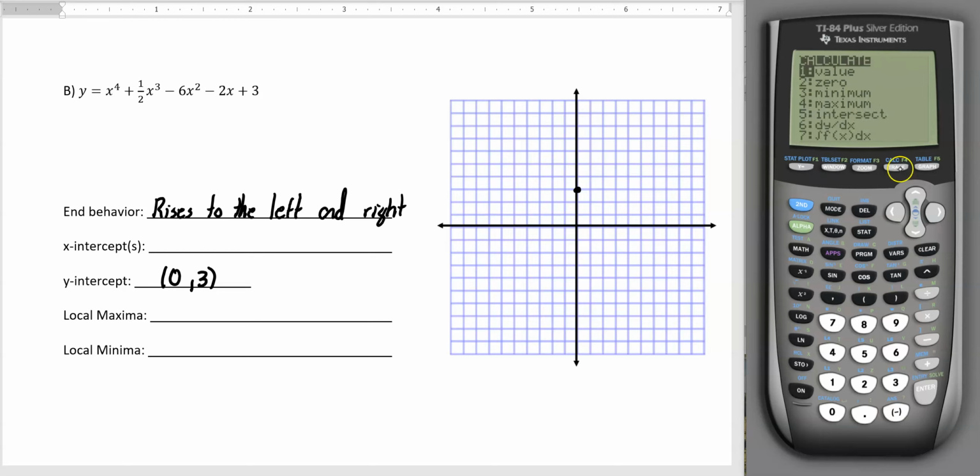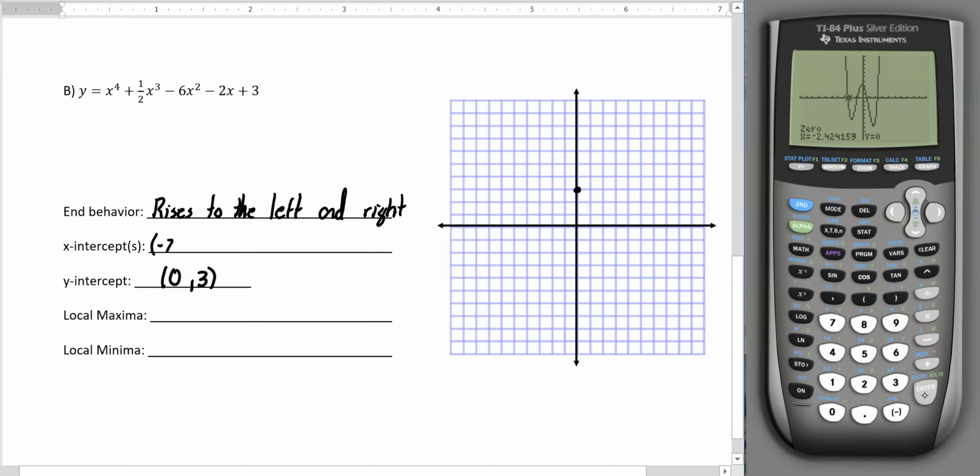So second, calc, 0. I got to go to the left of this first one. 4 x-intercepts. So left bound, right bound, press enter. Negative 2.42, comma 0. Right about there.